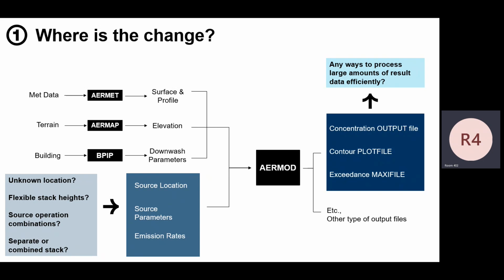The results come as a concentration summary of what your model results are. It also comes with a plot file, which you can use to create a contour plot, and it can also create what we call the exceedance file. In EPA's model the name is the MAXIFILE. We usually refer to it as a threshold violation frequency analysis.